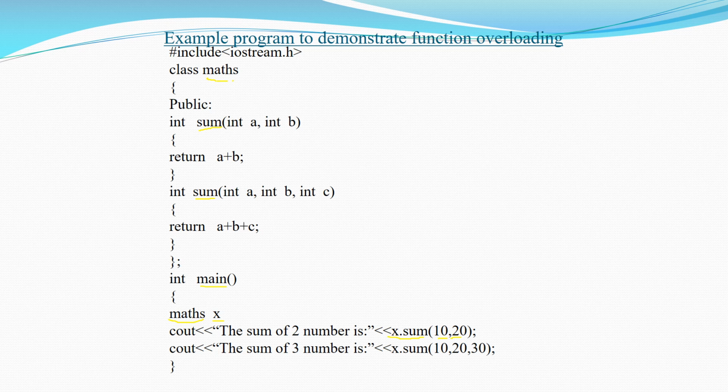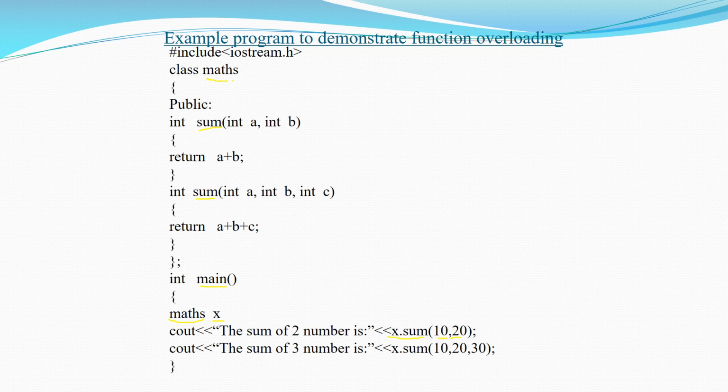The compiler checks that the function sum is present. Yes, sum is present, and it checks how many arguments are present. It checks that there are two arguments, 10 and 20. 10 is an integer and 20 is an integer.